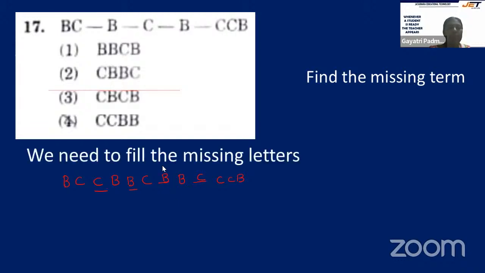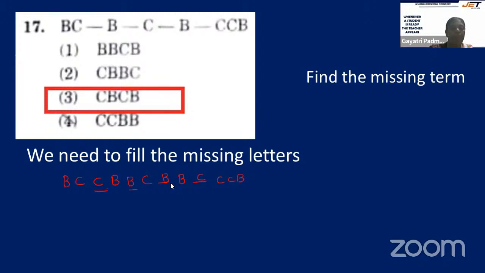Let's check the answer, right? Yes, C, B, C, B. Just a second. It should be C, B, C, B. No, the answer should be this: C, B, B, C. By mistake, this has been highlighted.